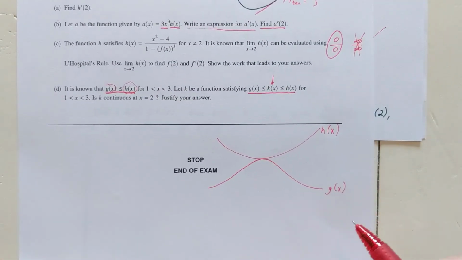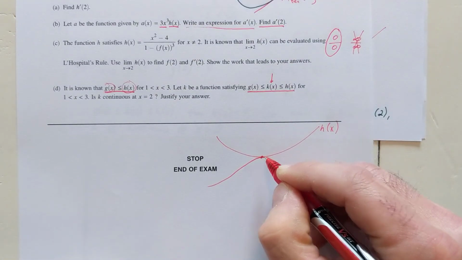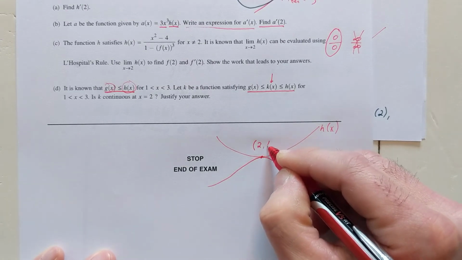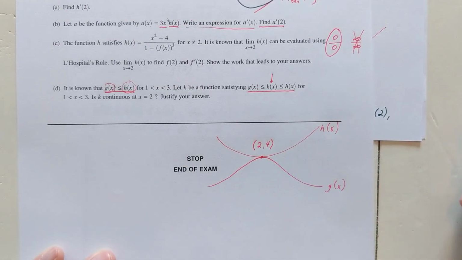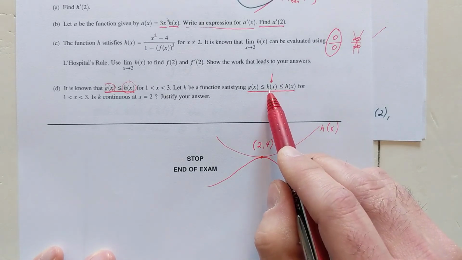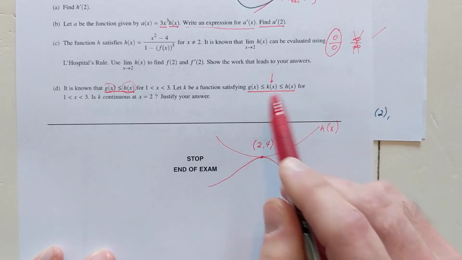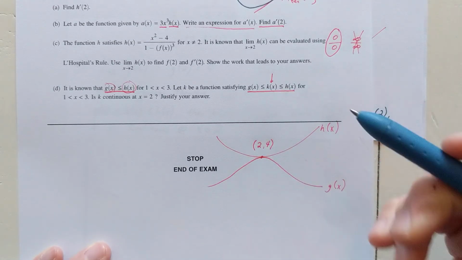So back to our little graph right over here, that basically tells us that this ordered pair right here, when x was 2, both of those functions took on a y value of 4. And now we know that k of x is less than or equal to h of x and greater than or equal to g of x on that entire interval.